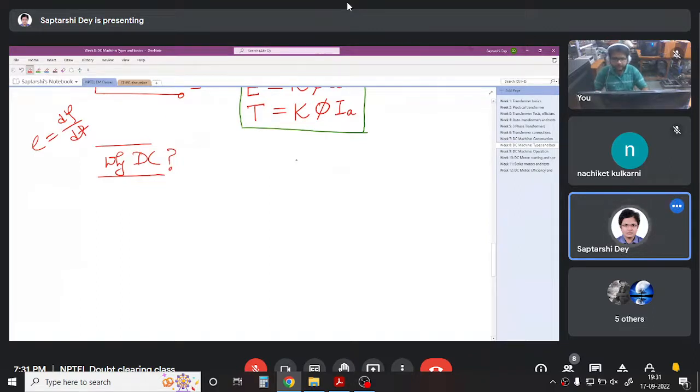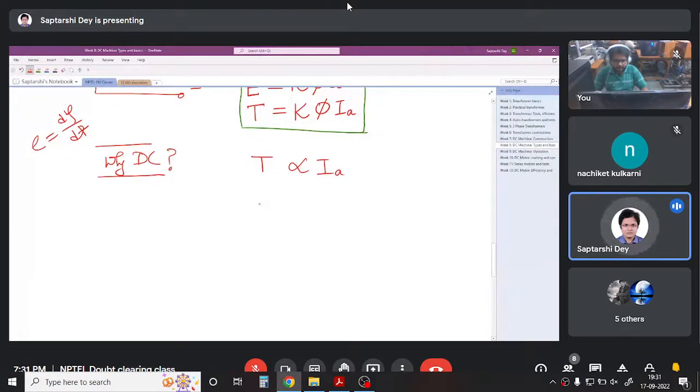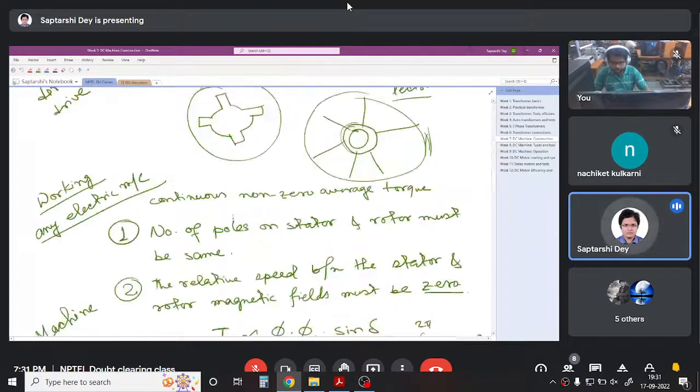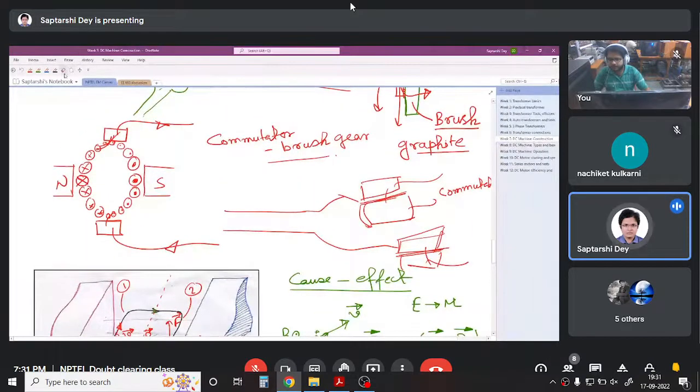Good boy because in DC machine, the torque is proportional to the current, and the armature flux and the field flux do not affect each other. I will show you this thing that I used in my last lecture.